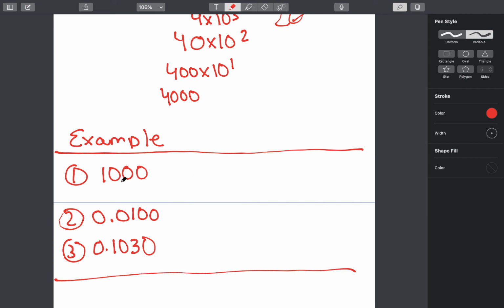This first one is 1,000, of course, and this measurement only has one sig fig, and that's because you can express it in many different ways using scientific notation, etc. So this only has one sig fig. The next one, remember, you start counting at the first non-zero integer.